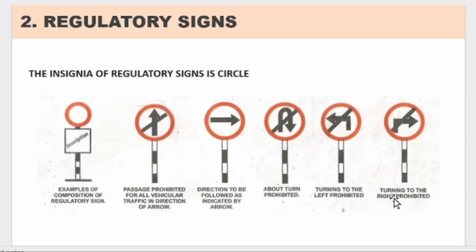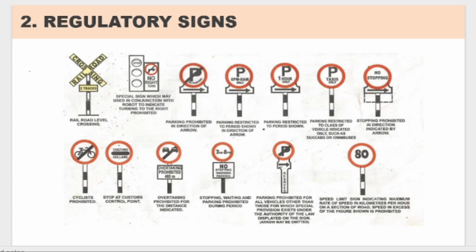Basically, one thing you need to take note of is that regulatory signs will regulate things on the road. This is a typical regulatory sign, with a red circle and an inscription written here, which specifies what the regulation is all about. Now these are all regulatory signs, right?